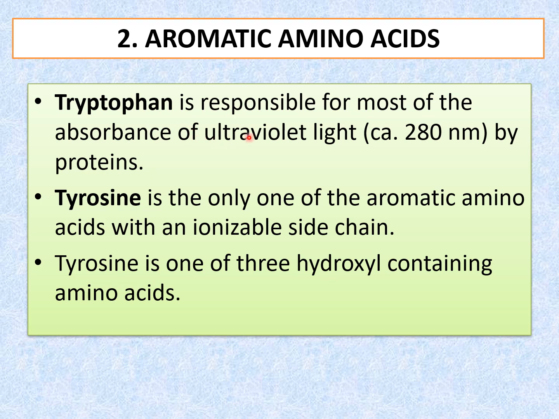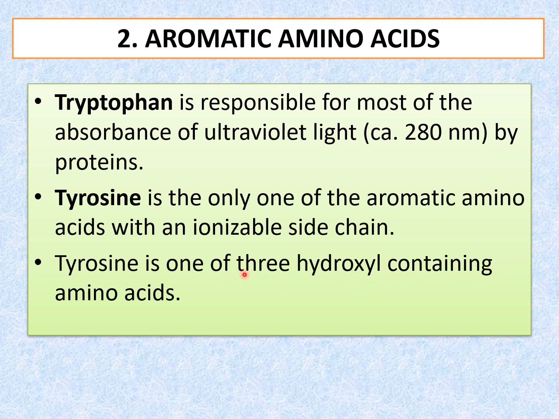Tryptophan is responsible for most of the absorbance of ultraviolet light by proteins. Tyrosine is the only one of the aromatic amino acids with an ionizable side chain. When we say ionizable side chain, it can basically accept or release protons. Tyrosine is one of the three hydroxyl-containing amino acids.